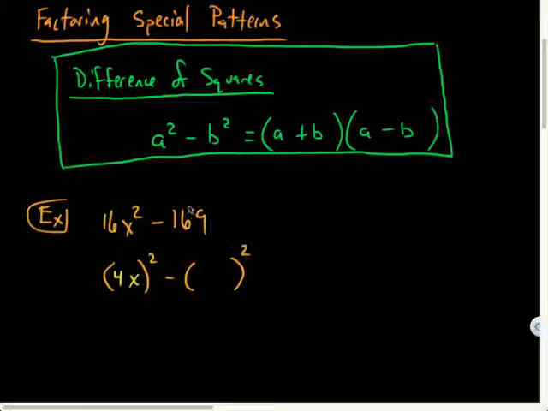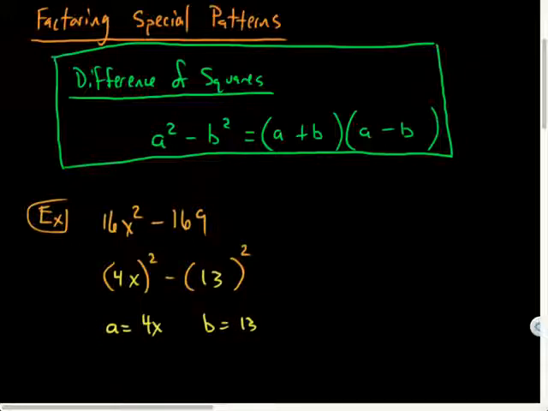And what squared is 169? 13. So it appears as though these are two perfect squares. They're being subtracted, so it matches this pattern. So I'm going to say that a in this pattern is equal to 4x, and b is equal to 13.